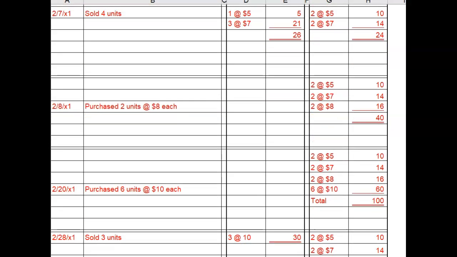Then you need to bring these 3 layers of inventory down in the same oldest to newest order and record the 6 units purchased at $10 each. You had a total of $100 worth of inventory then after the purchase of February 20th.